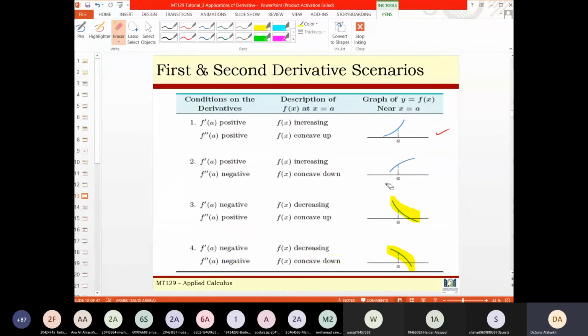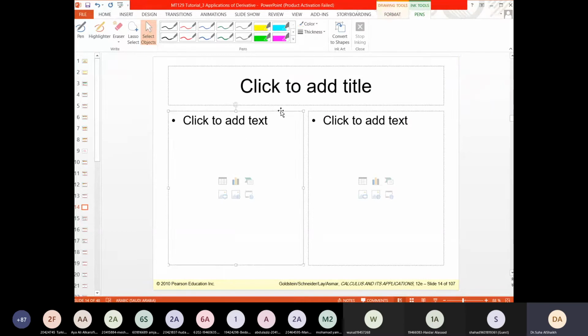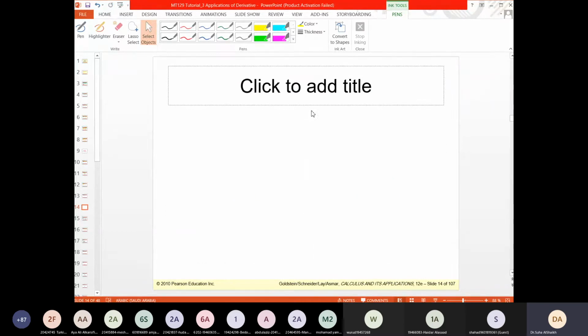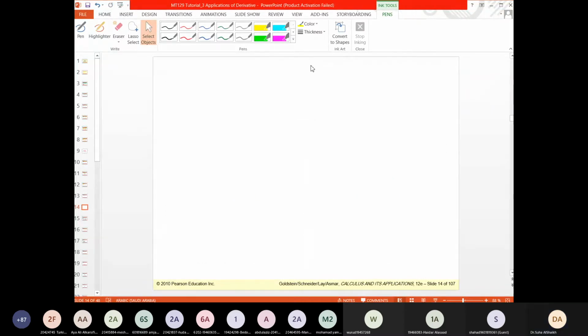Let me summarize the things. We have the first derivative rule and we have the second rule. The first derivative rule works on f dash, of course, because it's the first.